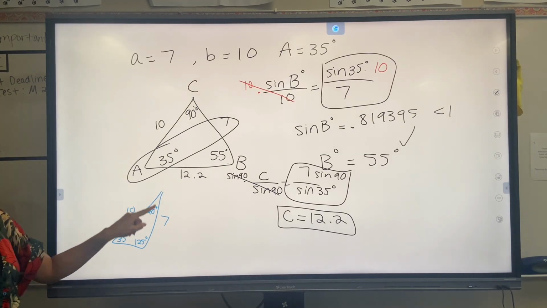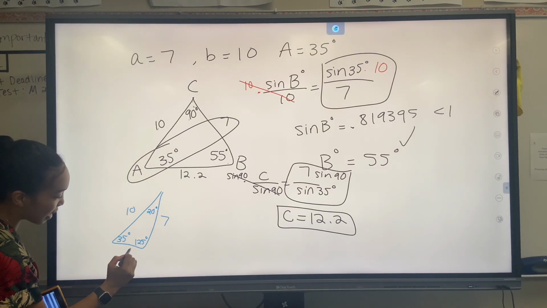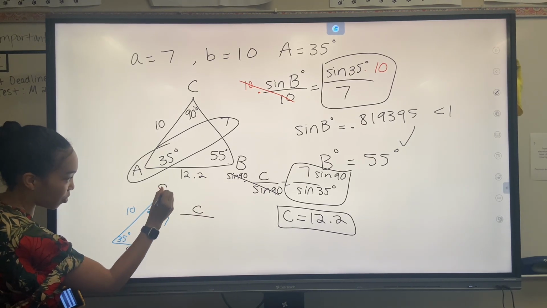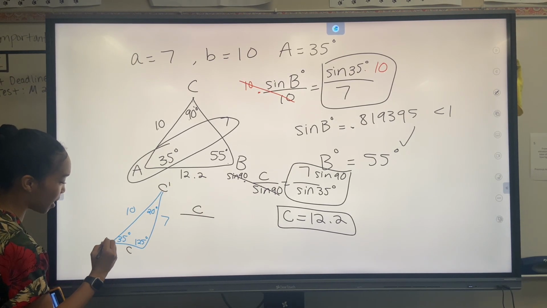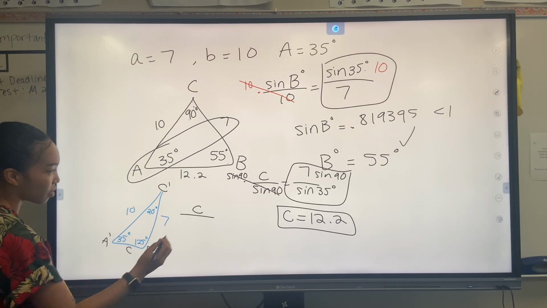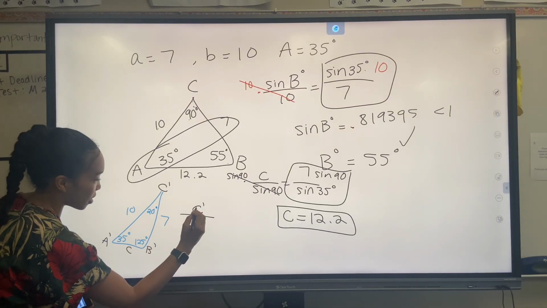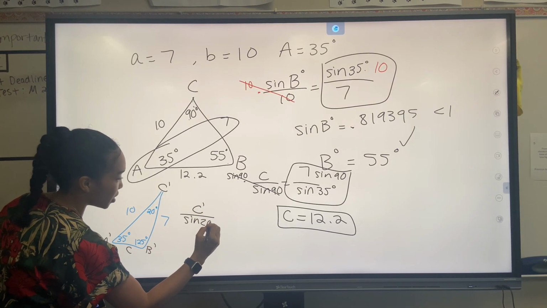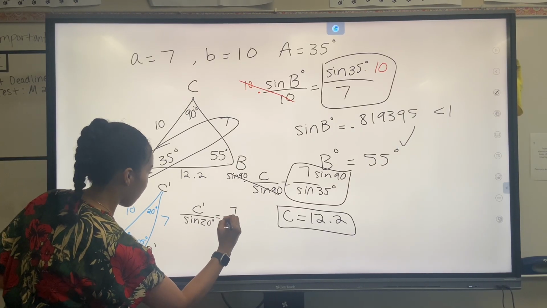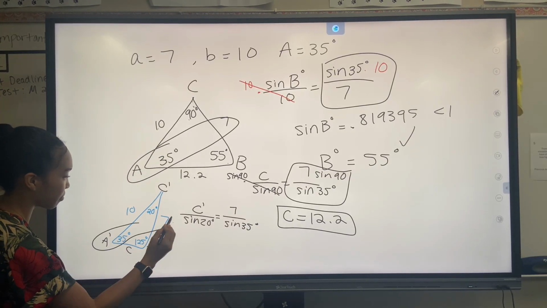Now we need to worry about the second triangle. So I just need this last side right here. So I'll put C over its angle, and I'm gonna call this one A prime, B prime, and C prime, just to distinguish this one, okay? So side C goes with sine of 20 degrees, and I have 7 over sine of 35, this pair right here.